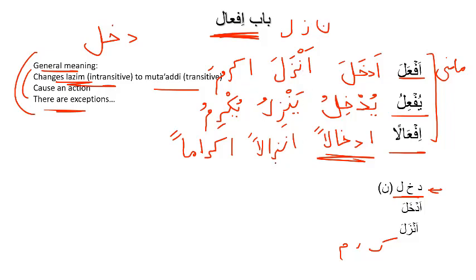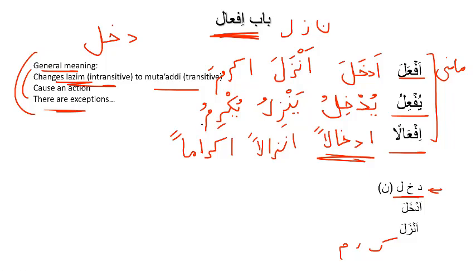Okay. Next one. Anzala yunzilu inzalan. So nazala, just regular nazala, means to come down, whereas anzala means to cause something to come down, which means to send down. So when the Quran is sent down by Allah, the word anzala is used because the Quran was sent down by Allah. So anzala yunzilu inzalan means sent down.